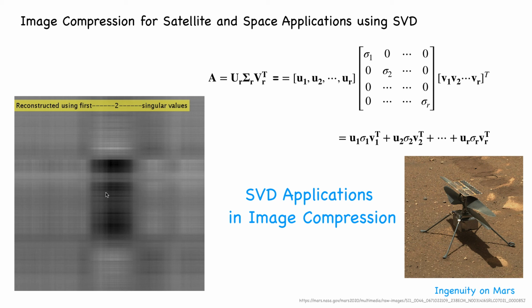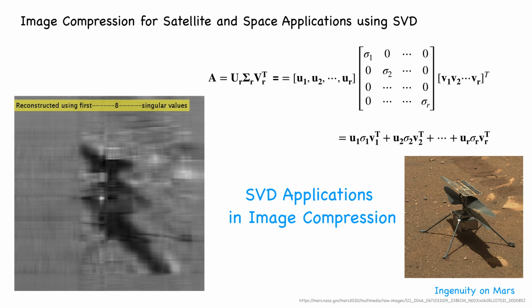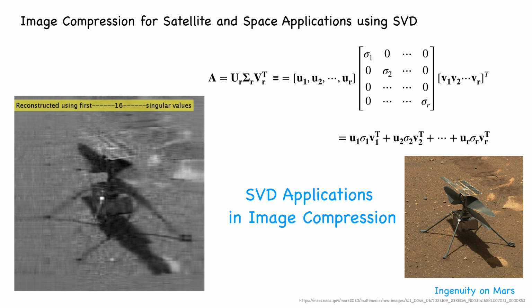We can illustrate this with this example by reconstructing the image for various numbers of singular values. As we can see here, for 4 singular values, this is how it looks. For 8, it would look like this. For 16 singular values, we are able to construct the image.